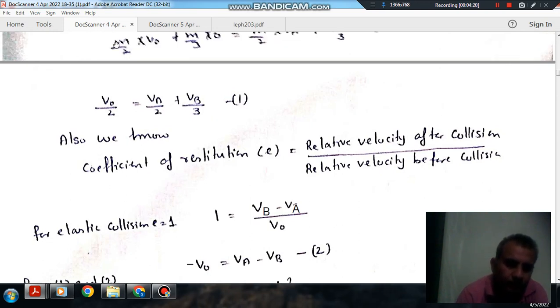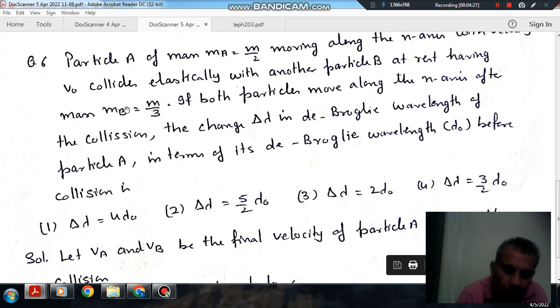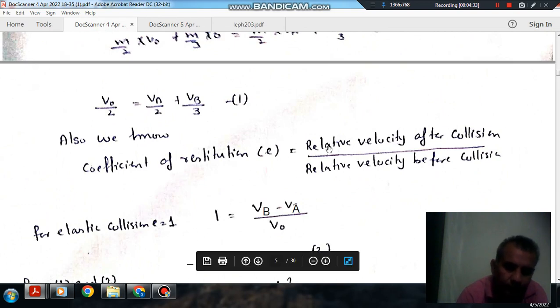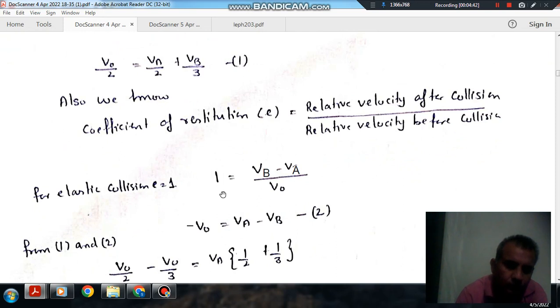Now it is given that they collide elastically, so the coefficient of restitution is 1. The relative velocity after collision divided by the relative velocity before collision is the coefficient of restitution. So this is 1. For the final relative velocity, we take b first: velocity of b minus velocity of a.